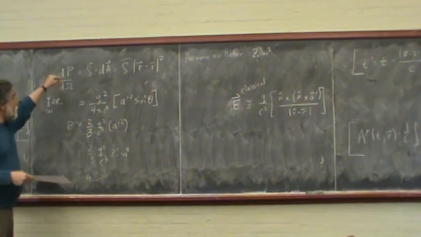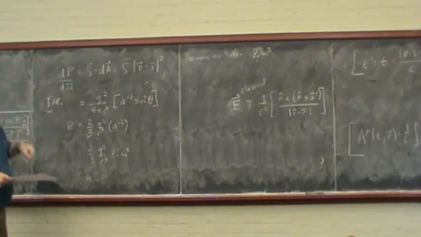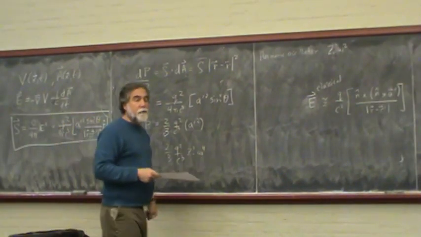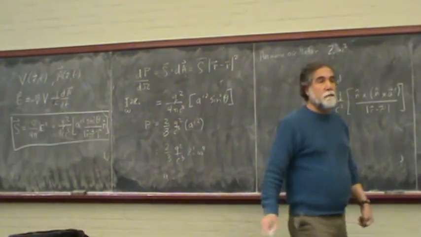So the power coming out of an oscillating charge is proportional to the frequency to the 4th power.